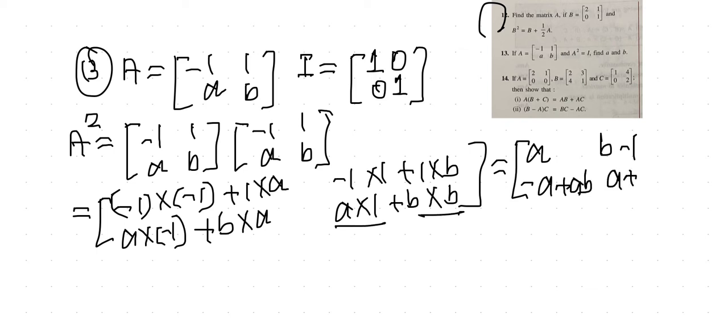So this is what I am getting upon multiplication. Okay, so now what you will be writing, children? You will be writing now that this implies the matrix with 1 plus A, B minus 1, minus A plus AB and A plus B squared.